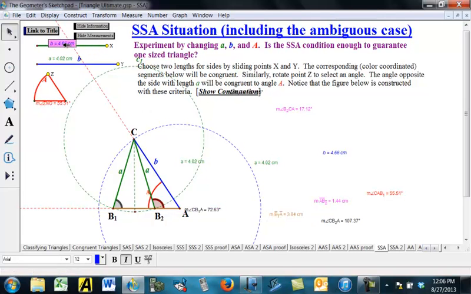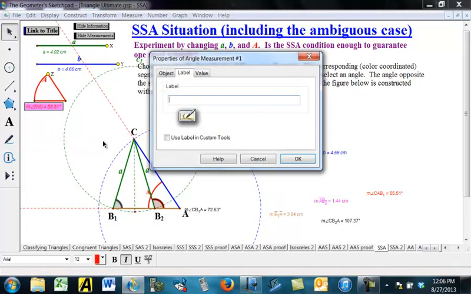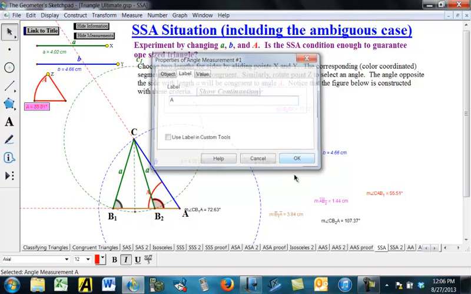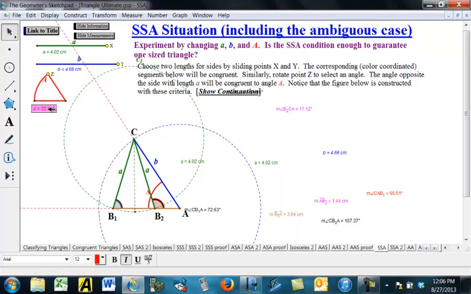Let me see if I can line these up a tad better. Bear with me a minute, I'm going to rename a couple of things. This is going to be angle A, and this is side A and B. So there's A in both cases.